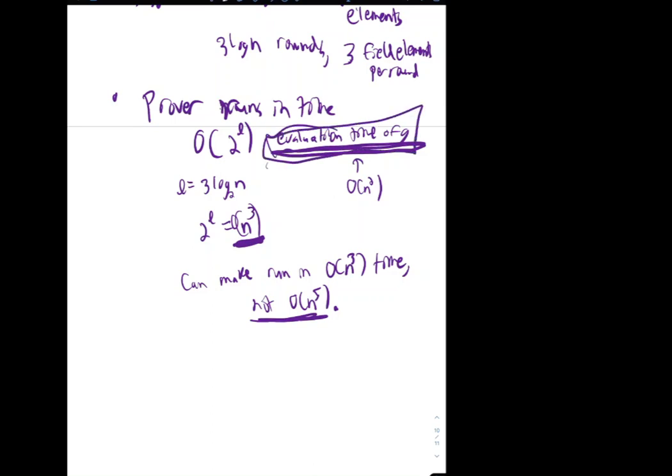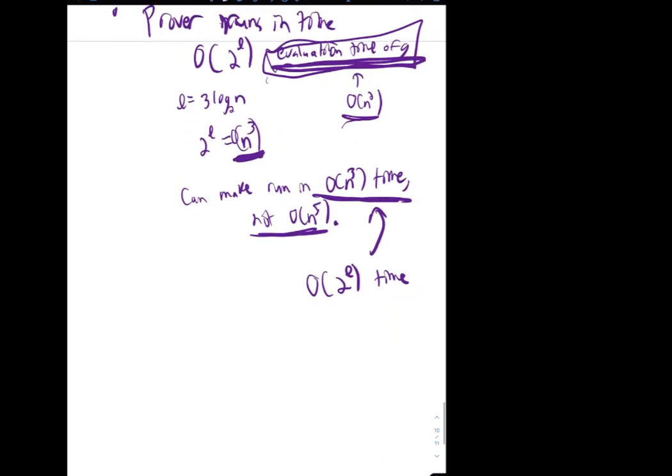In particular, G is a product of 3 multilinear polynomials, each of which can be evaluated in n squared time. So, believe me, since I don't want to go into great detail, the prover can run in n cubed time, which is the number of terms in the sum. And n cubed is the prover time for this protocol.